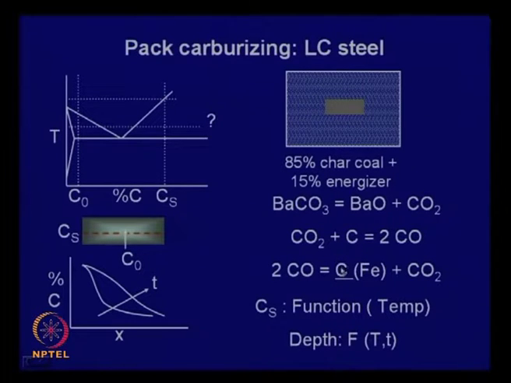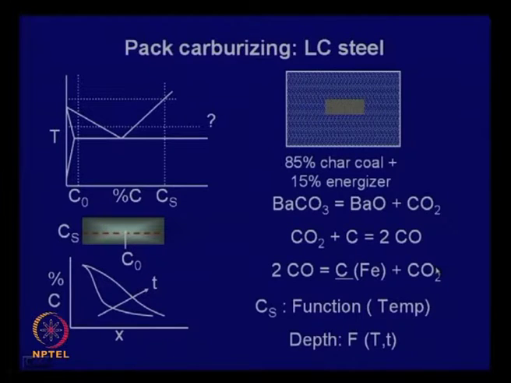This carbon is nascent carbon which has very high activity, and it is an interstitial element, and at 950 degree centigrade iron can dissolve a significant amount of carbon. So, it diffuses very fast and moves into austenite, and this is the main carburization reaction.